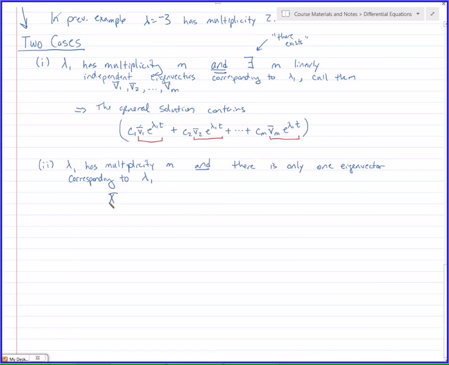Your x1, let me go ahead and say, by the way, then the fundamental set contains the following vectors. x1. The first one's easy. It's, and I'm going to use a V11 notation.